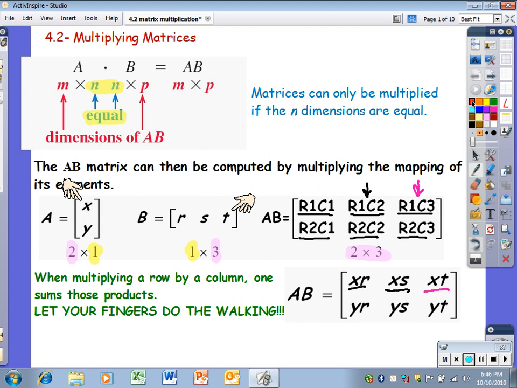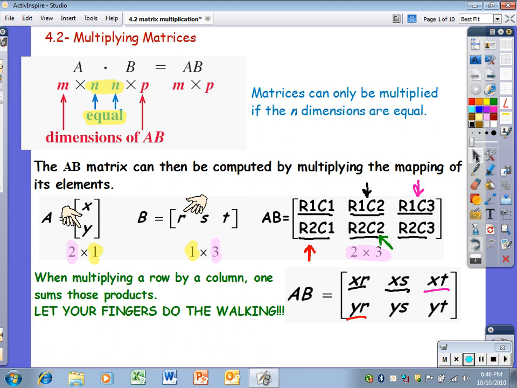Then if I want to do row 2 by column 1, now I'm pointing to row 2 and column 1. I have Y times R. So I get YR. Then it is row 2 by column 2.